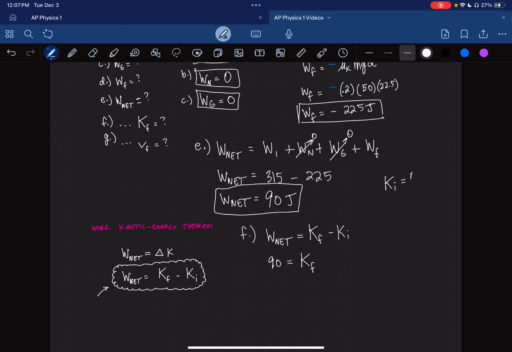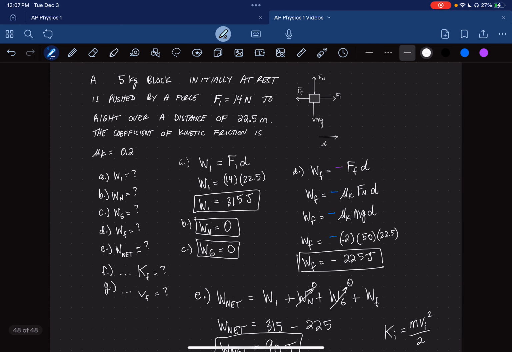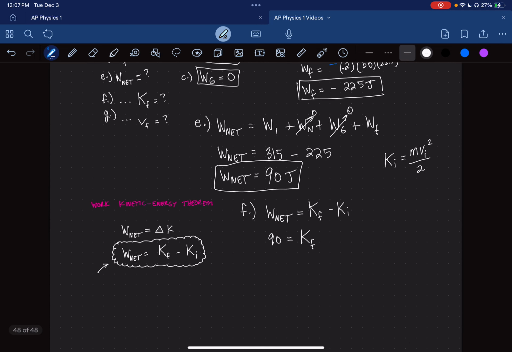The initial kinetic energy is the mass times the initial speed squared over 2. But then we realize that the initial speed, since it was at rest, is 0. And so that is 0. 0 squared is 0 times mass is still just 0. So we can cross it out here. It will not always be 0. And so this is simply our answer. So I'm going to write joules, kind of squeeze that in there.